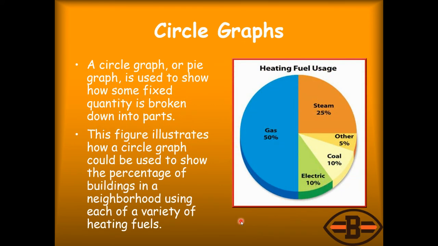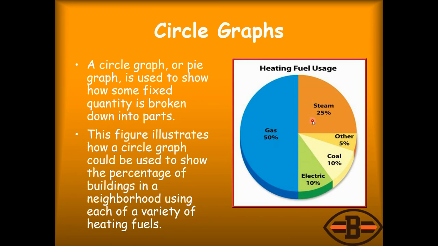Circle graphs. A circle graph, or pie graph, is used to show how some fixed quantity is broken down into smaller parts. This figure illustrates how a circle graph could be used to show the percentage of buildings in a neighborhood using each of a variety of heating fuels. Let's say in Butler, 50% have gas, 25% steam. Our school is steam.